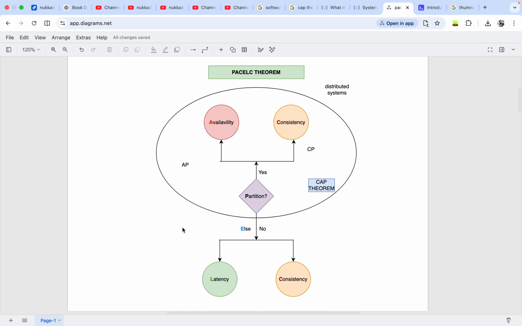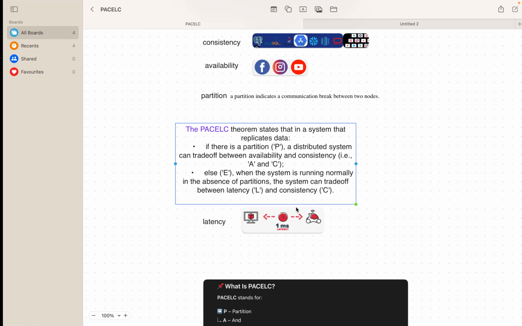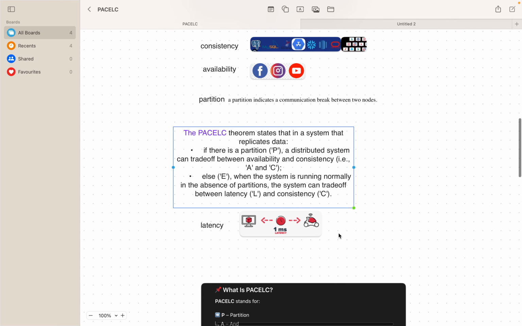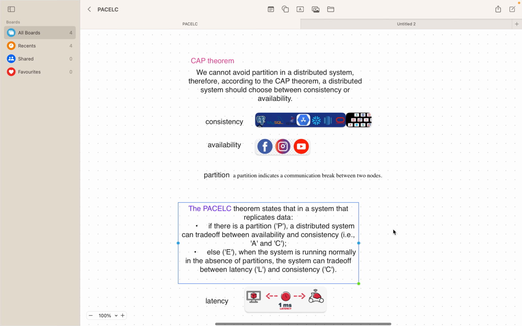Else, we need to choose between latency and consistency. Else, when the system is running normally in the absence of partitions, the system can trade off between latency, L, and consistency, C. Cool. So I think you are very clear with the CAP theorem and PACELC.